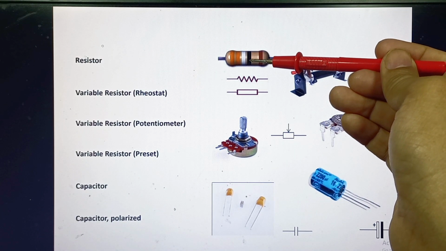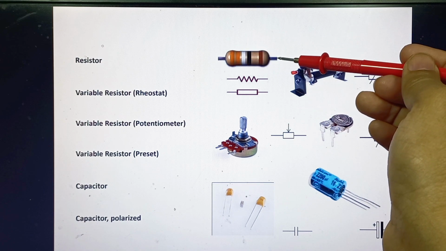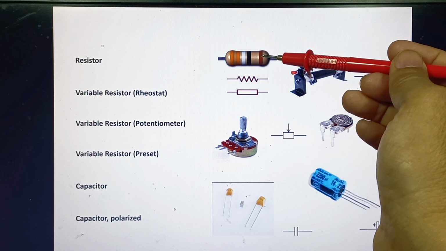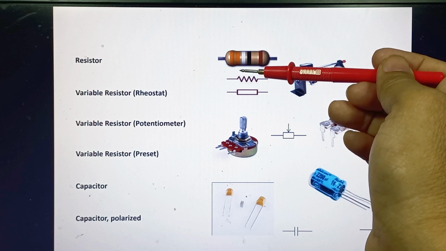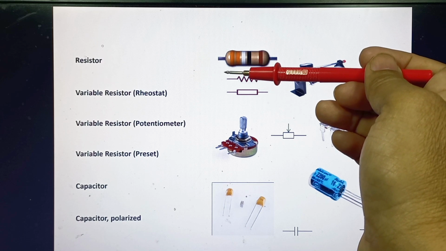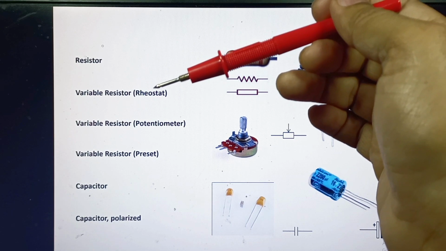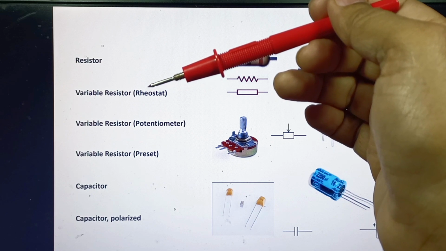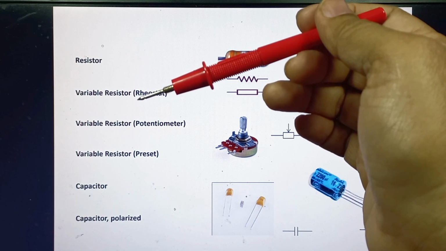A resistor is a passive two-terminal, 1 and 2, electrical component that implements electrical resistance as a circuit element. Resistors are used to reduce current flow, adjust signal levels, divide voltages, limit electrical current and control voltage and current.